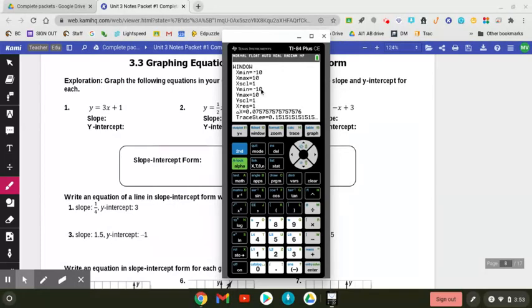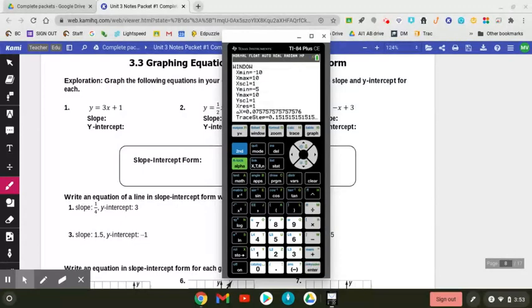I can just arrow down, and I can make my y minimum be -5. And then if I hit graph, oops, why didn't that change? I didn't change it. So that means I didn't actually hit enter. Oops, go to.